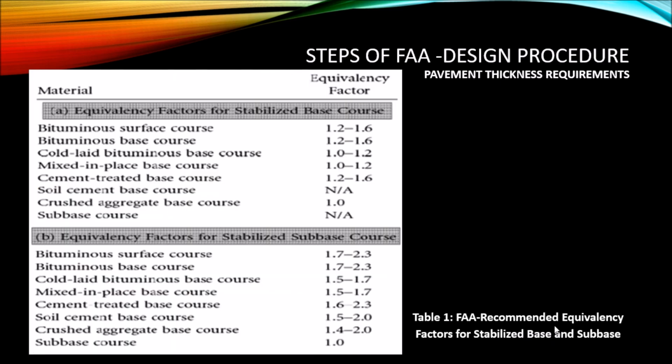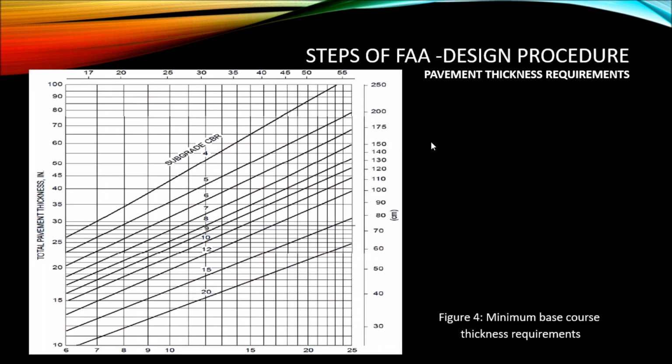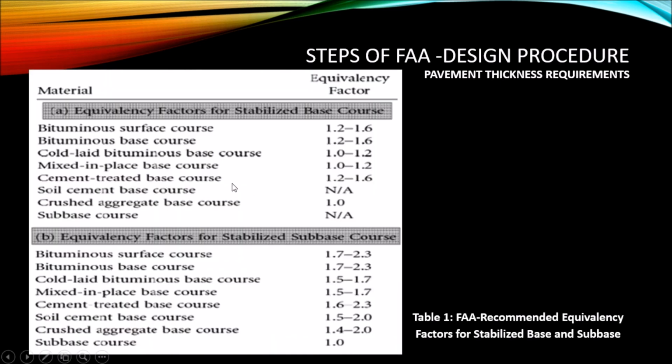You can see the equivalency conversion factor, just as we said earlier, that stabilized base course may be substituted for granular courses using the equivalency factor in table 1. So we're looking at the table, while figure 3.4 gives the minimum base course thickness. We get the minimum base course thickness from this graph. Then from the table, we get the equivalency factor for stabilized base course and also for stabilized sub-base course. So this is where we get the values from.